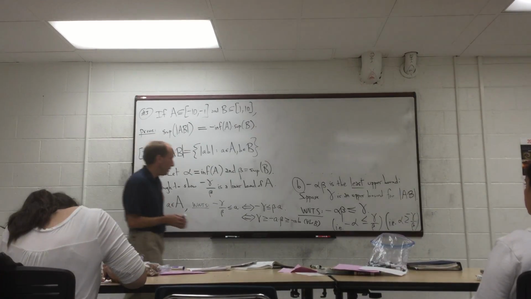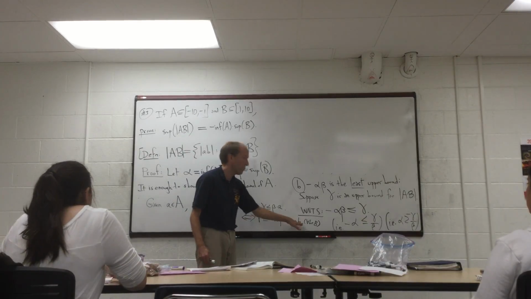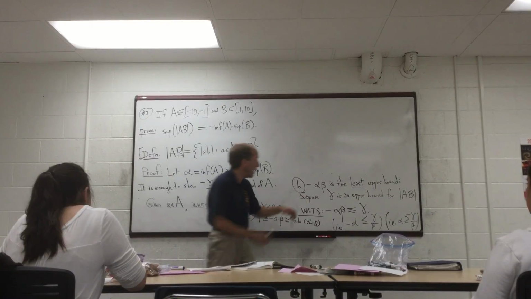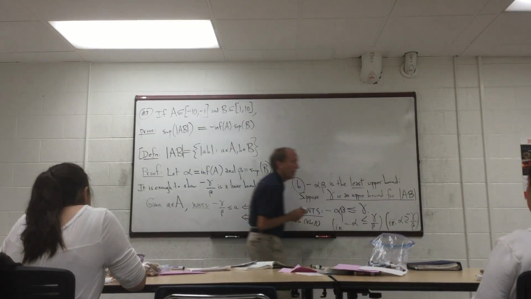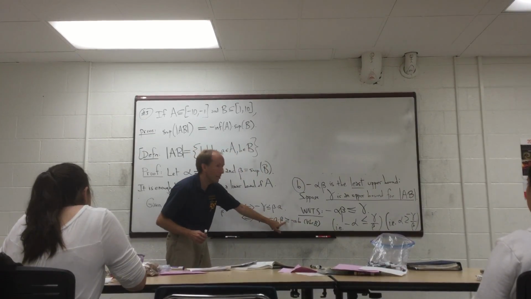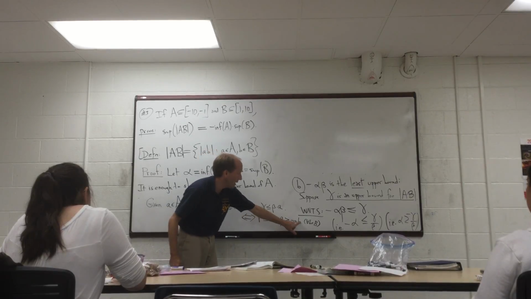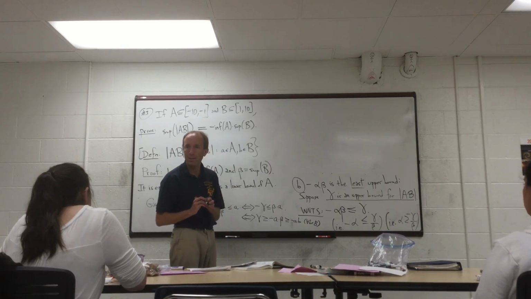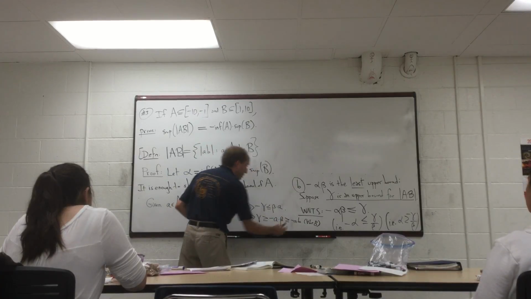Well, actually, we already know that this is true. Look at what gamma is. Gamma is already greater than or equal to negative ab. We already know that by the definition of gamma.